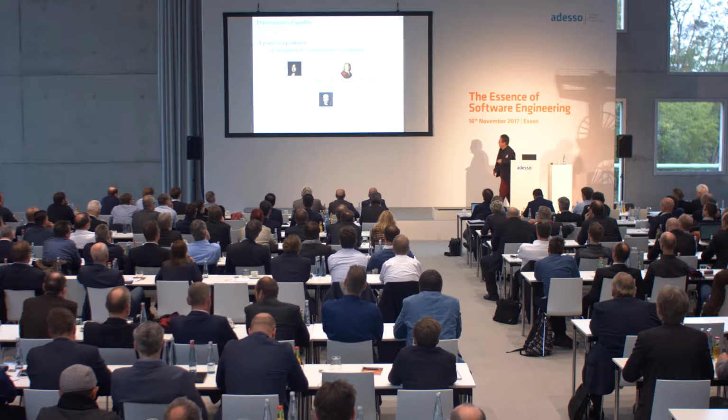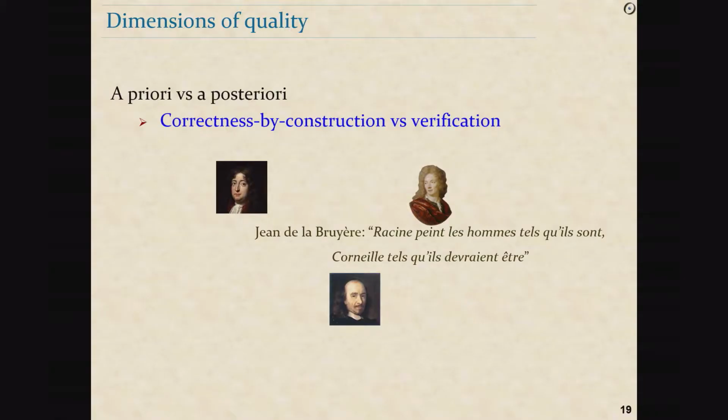There's a famous cliché that every school child in France learns, something that La Bruyère said about the two great dramatic authors of the 17th century: Racine paints people, I guess people is the politically correct term in 2017, as they are, and Corneille as they should be.